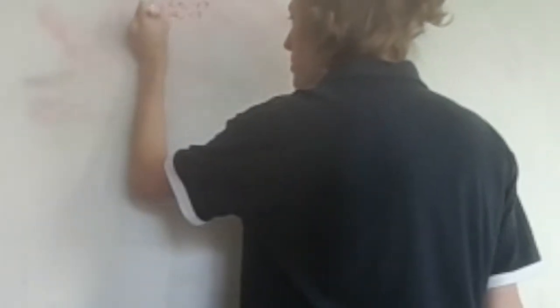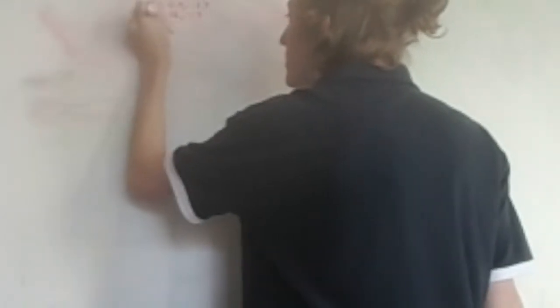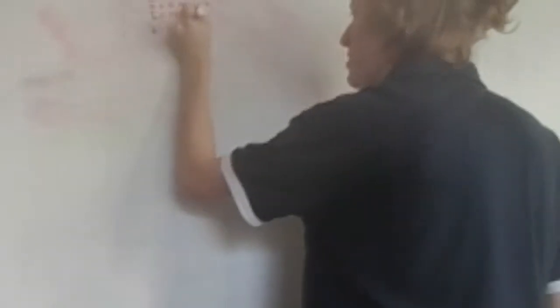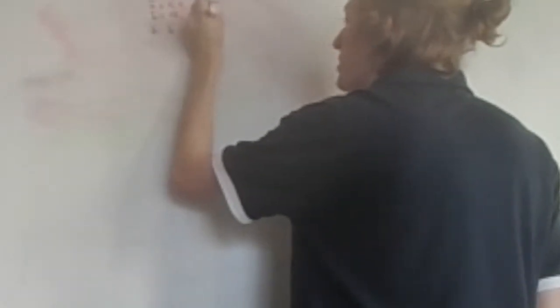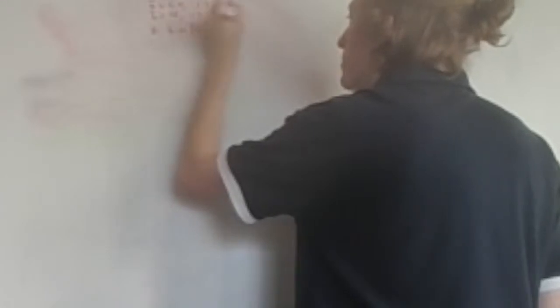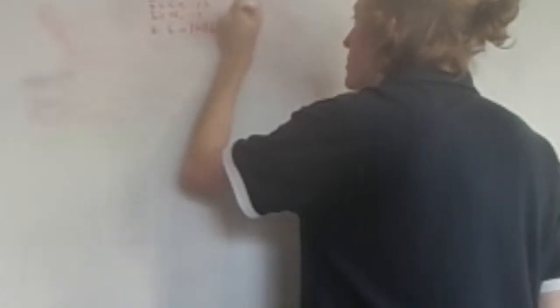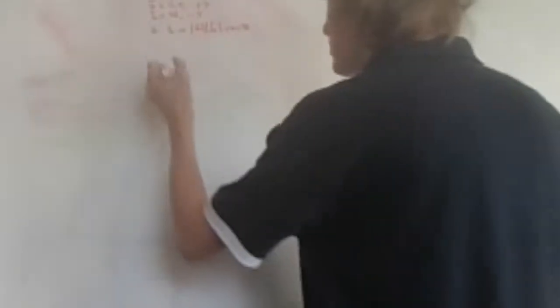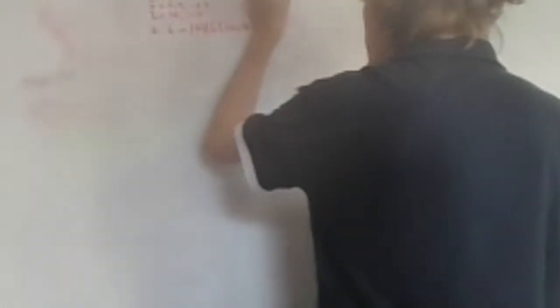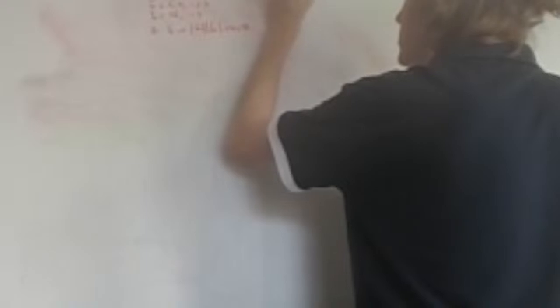The dot product of vector a with b tells us that the magnitude of a times the magnitude of b times cosine theta is equal to a dot b. So we can do a dot b over here.